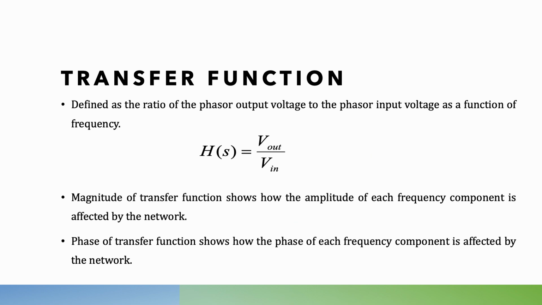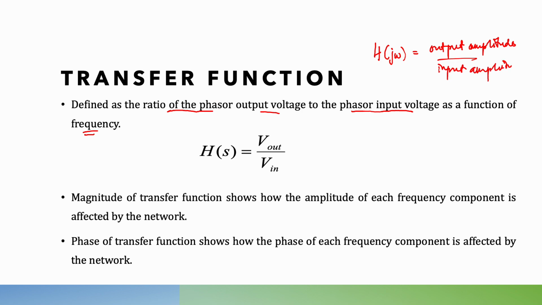Now let's look at the ratio of the phasor output voltage to the phasor input voltage as a function of frequency. In our previous slide, we said H of j omega is equal to the output amplitude divided by the input amplitude.